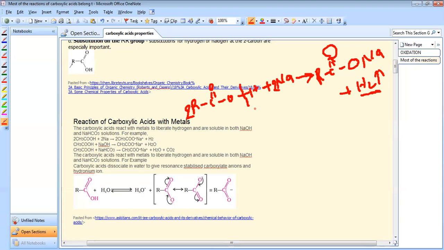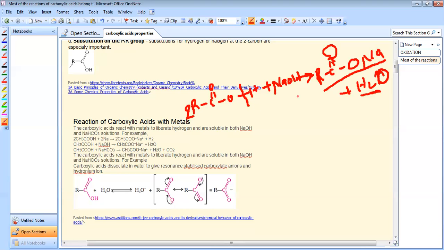Okay, and if we replace the sodium with a base, such as sodium hydroxide, NaOH, at that time we get the same product, but instead of hydrogen gas, here we get water, and this reaction is known as a neutralization reaction.